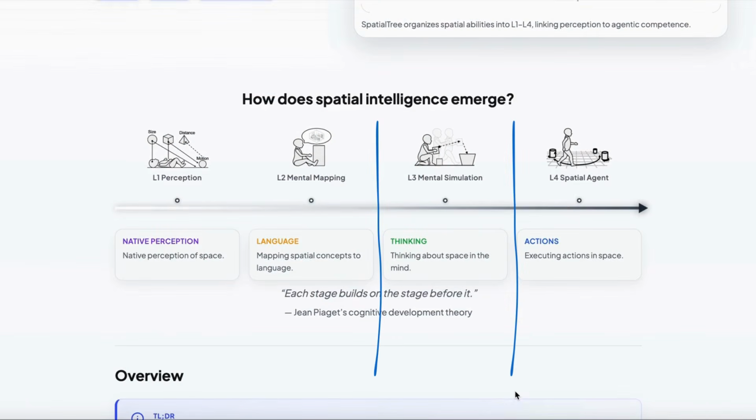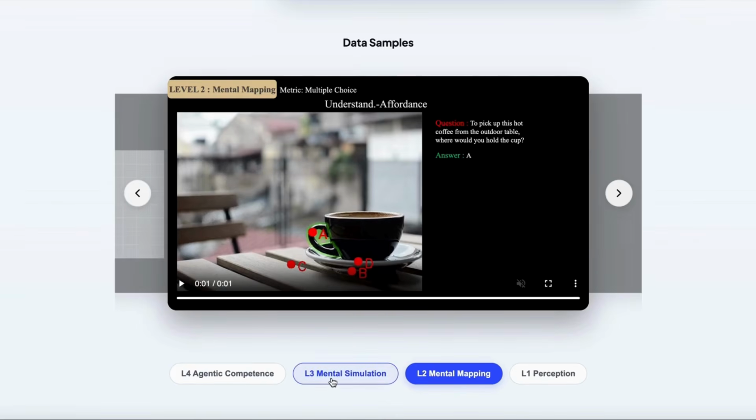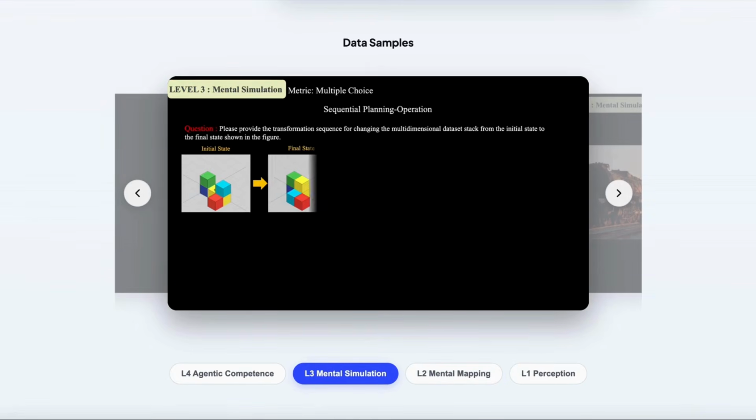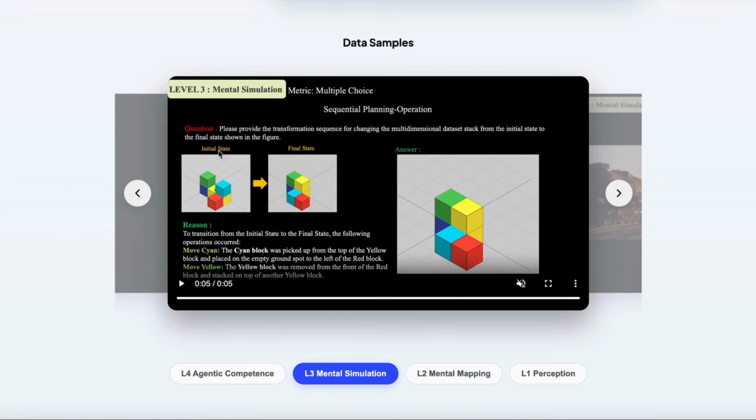Level 3, mental simulation. At this stage, the model can reason internally about space. It supports true mental simulation, the ability to imagine how spatial states change over time. This enables causal reasoning about dynamics. If something moves, there will be consequences.